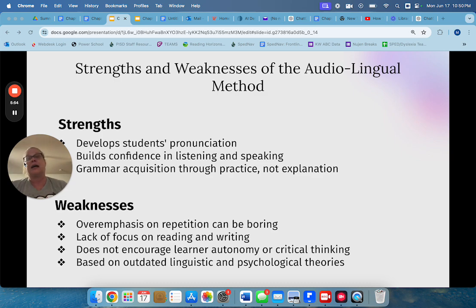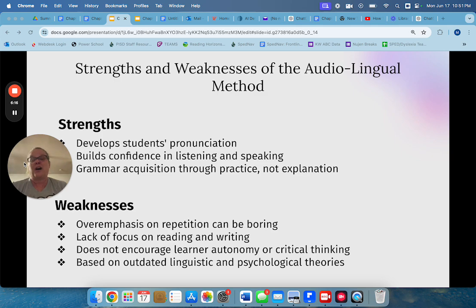The grammar acquisition is through the practice, not necessarily being explained. They'll be given a sentence and write this sentence over and over again.